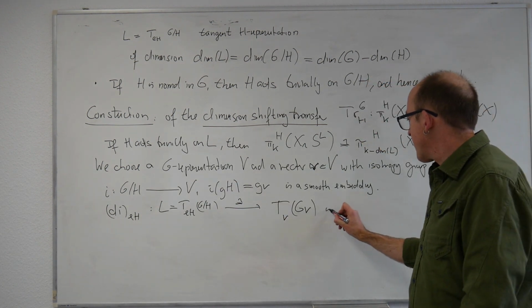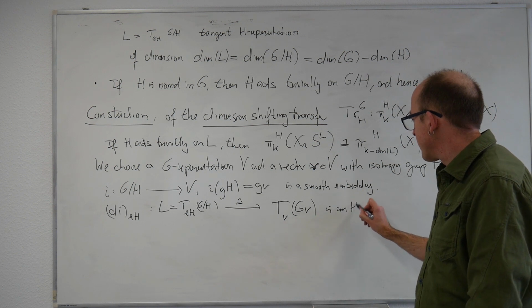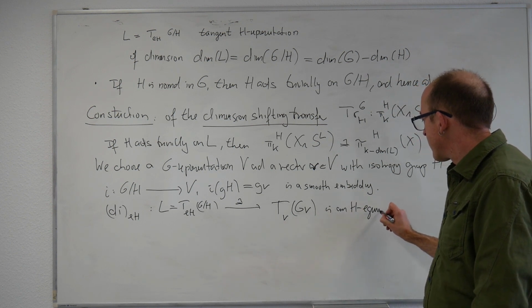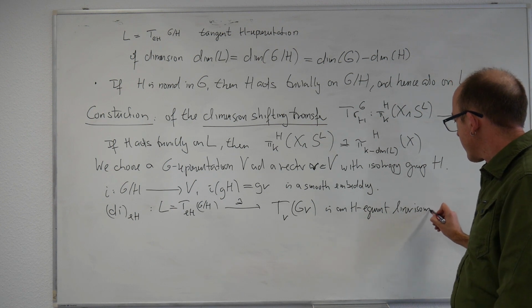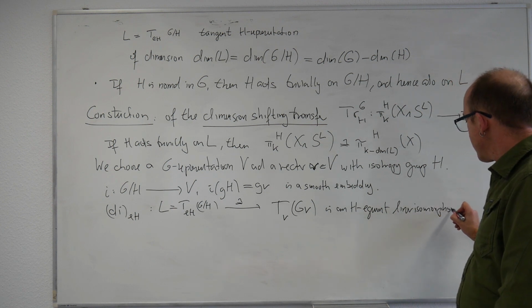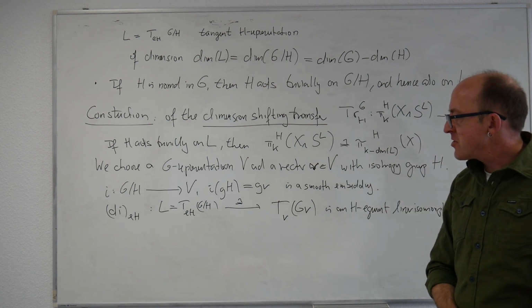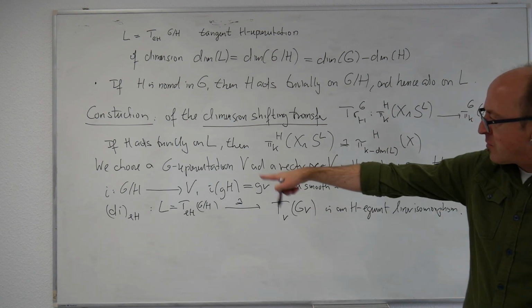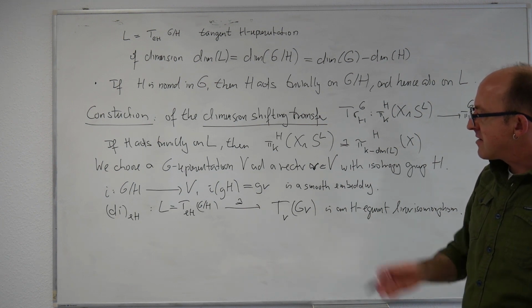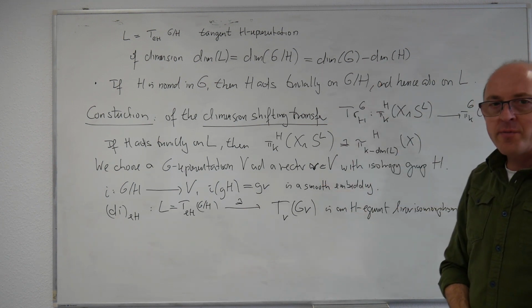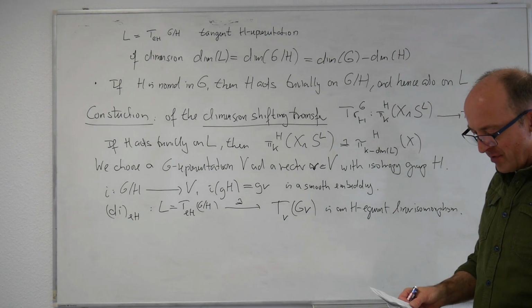So this is an H-equivariant linear isomorphism. So this gives us another interpretation of the tangent representation. If we've chosen this V and this little v, then we can see it as the tangent to the orbit Gv at the vector little v.